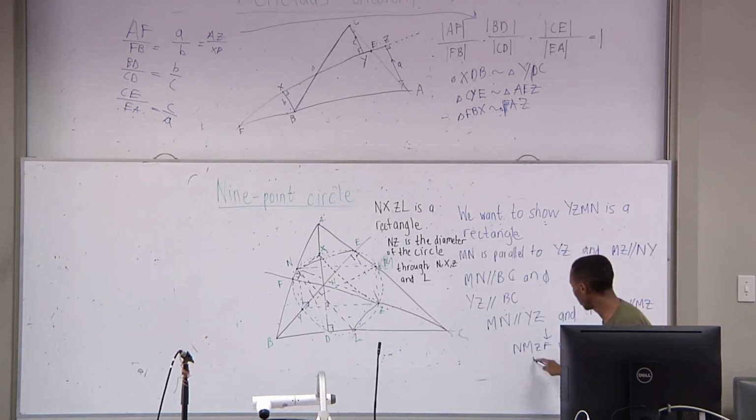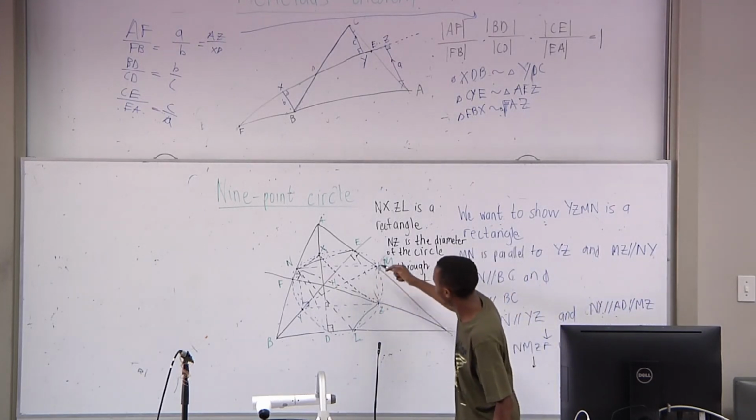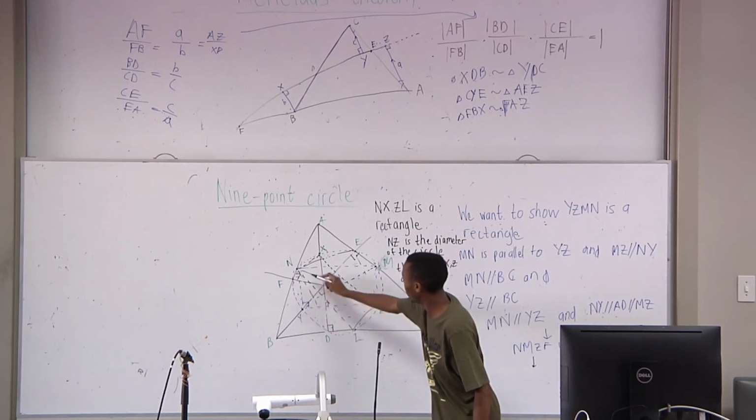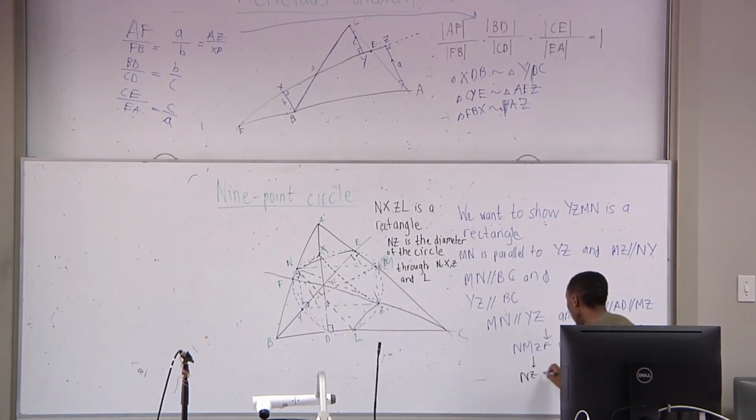Also for this one, NZ subtends a 90-degree angle. So here also NZ is the diameter of NMZF.